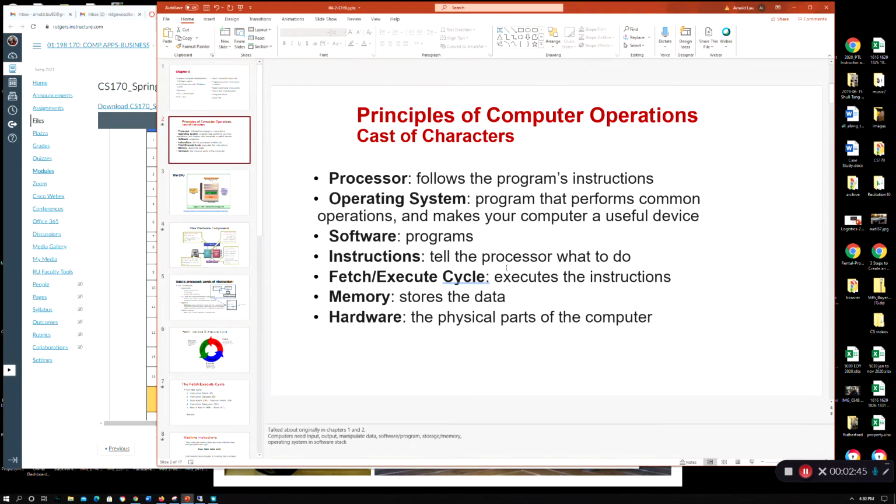It goes up from the hardware because as an everyday user, you're probably not going to care about the specific machine code or language to operate the CPU, the processor, or how your computer is going to read different memory addresses, or how it's going to communicate with other components.